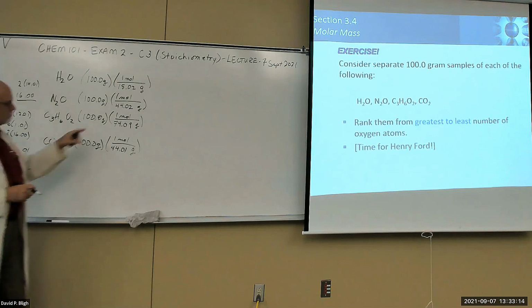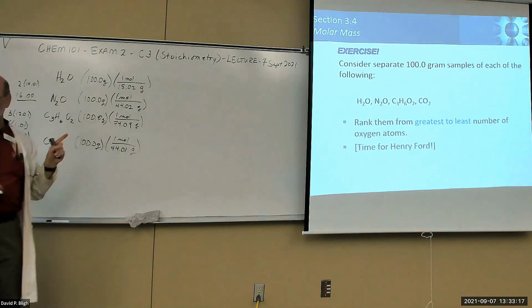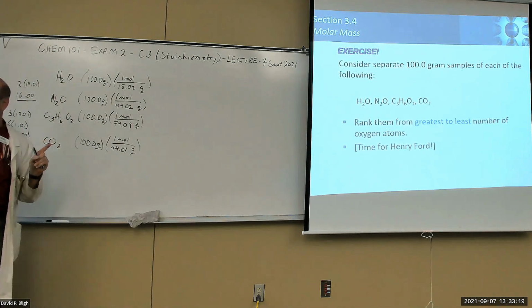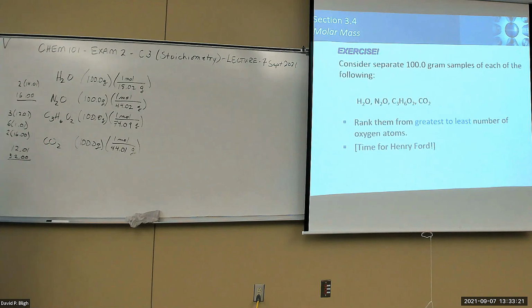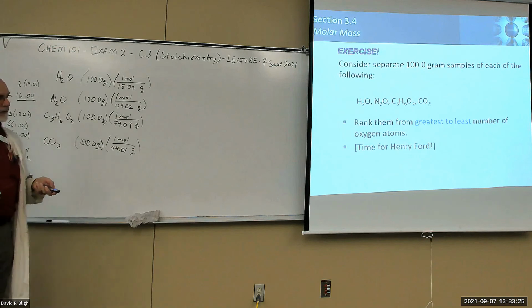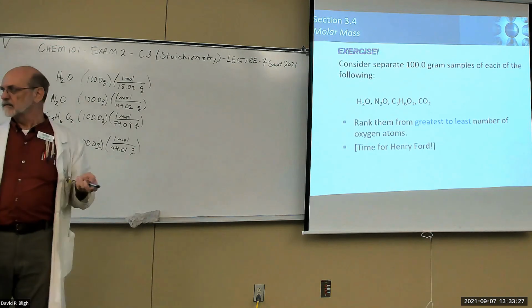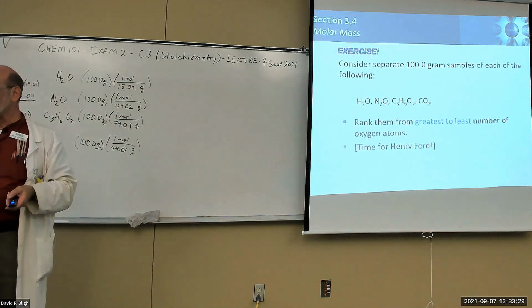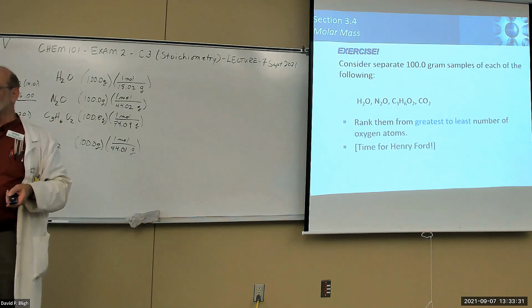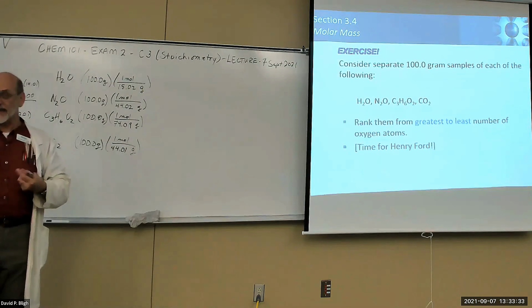Okay, so now we've got moles of compound. Now we need to find out moles of oxygen atoms. Do we actually have to determine the number of atoms? Do we need Avogadro's number? Not if we're going to put them in order, because the mole is a counting number.